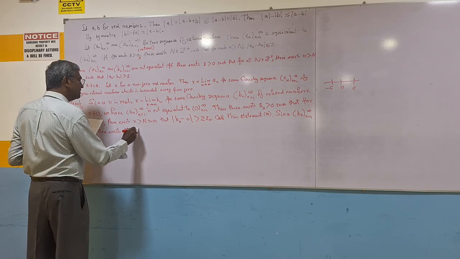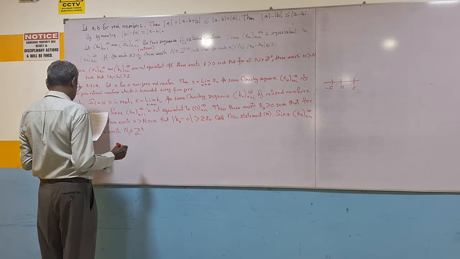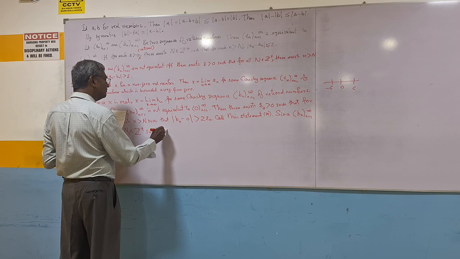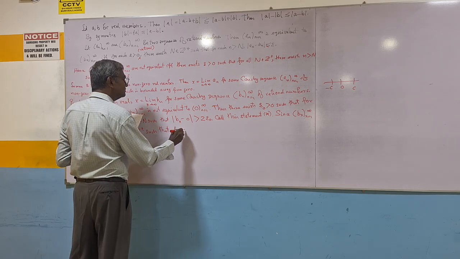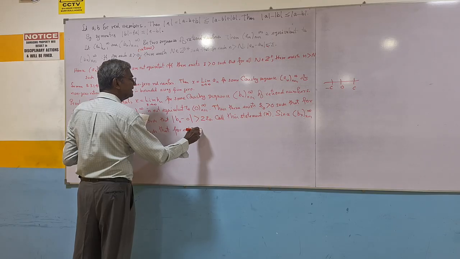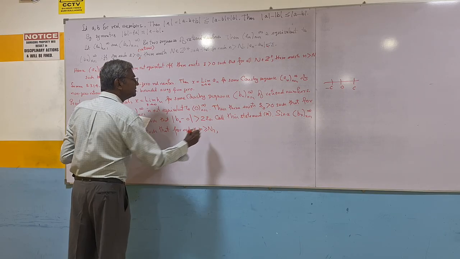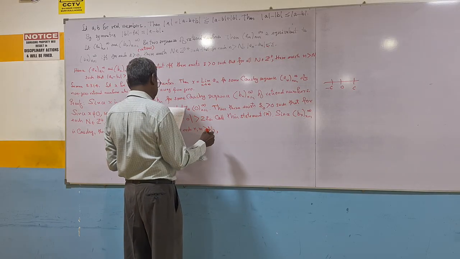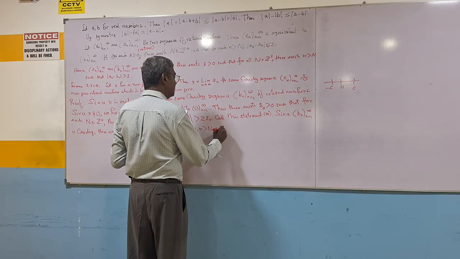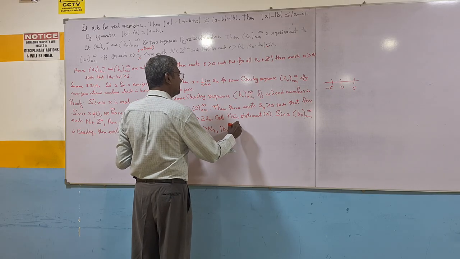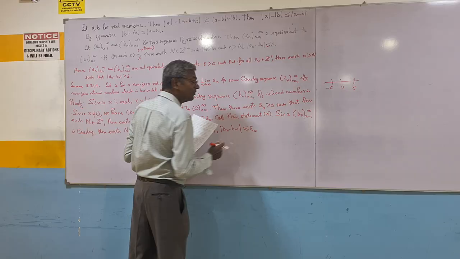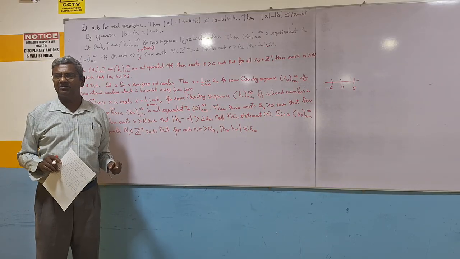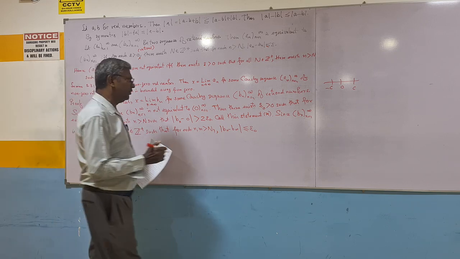There is N1 belongs to Z plus such that for each n, m greater than or equal to N1, it doesn't matter how it is used, |Bn minus Bm| less than or equal to epsilon 0. So this epsilon 0 came from here. I am using that epsilon 0. Right? That's very important. Can you see this?